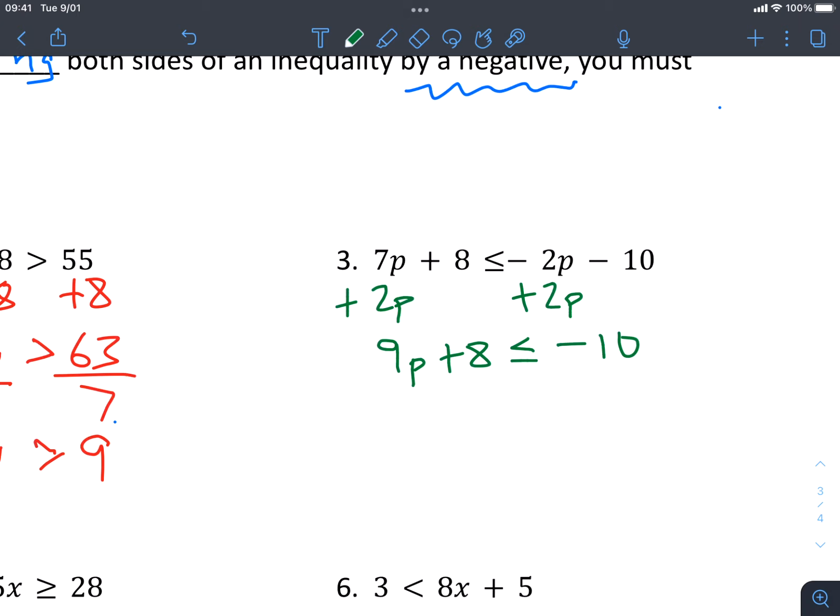Okay, so it's, again, just like a normal equation. Symbol stays the same. I'm going to subtract 8 on both sides. So I have 9p is less than or equal to negative 18 now. And again, not changing my inequality. And I'm dividing by 9. So p is less than or equal to negative 2. Again, symbol didn't change. Solve it like a normal equation. Just keep the symbol the same.